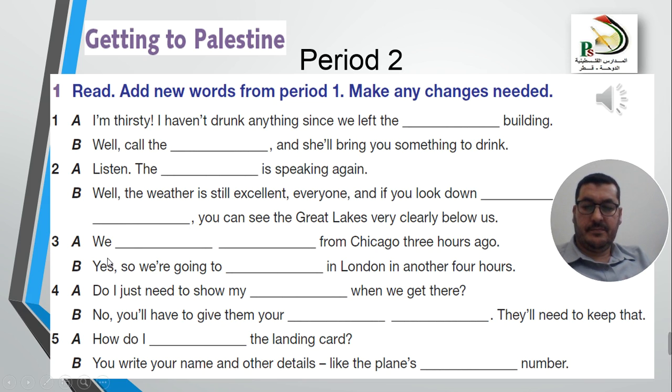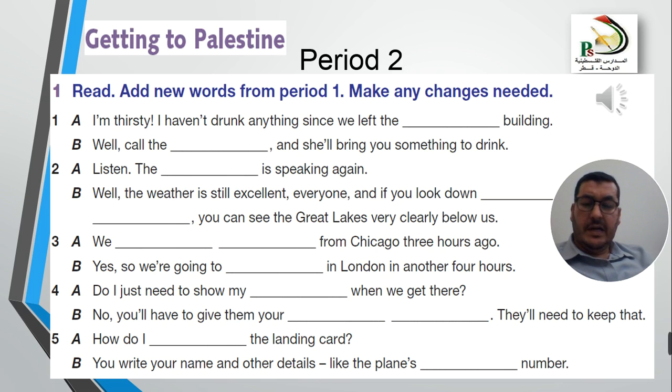A. We took off from Chicago 3 hours ago. B. Yes, so we're going to land in London in another 4 hours. 4. A. Do I just need to show my passport when we get there? B. No, you'll have to give them your landing card. They'll need to keep that. 5. A. How do I complete the landing card? B. You write your name and other details, like the plane's flight number.